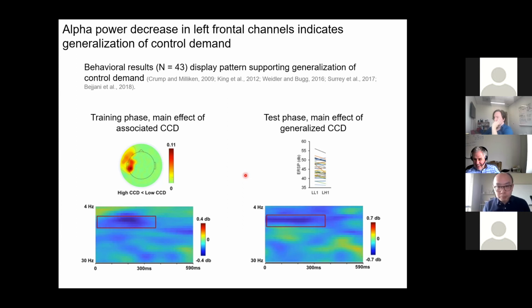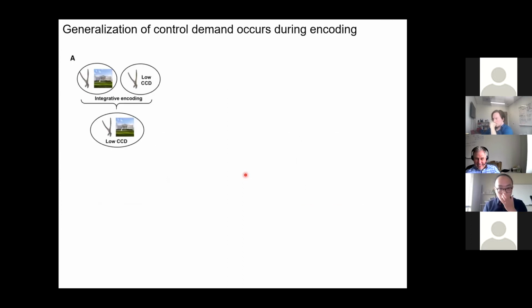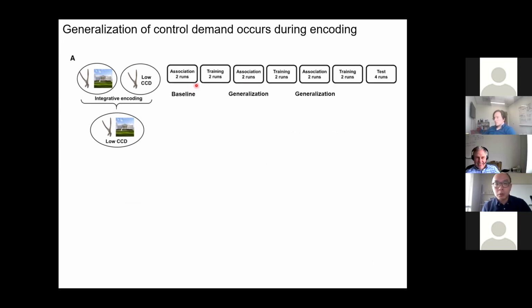And then going back to my question of when it happened. We start with the theory of integrative encoding, or in other words, generalization occurring during encoding or during learning. And this is our sequence of rounds.